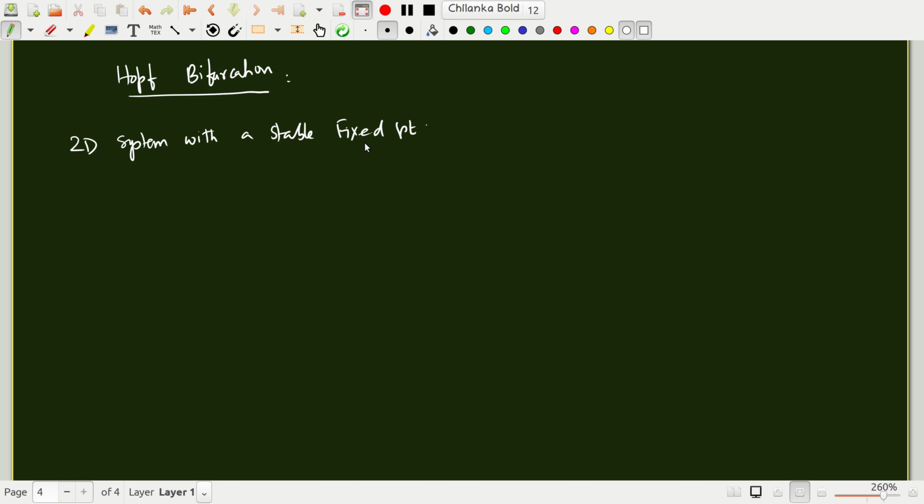Now we can ask the question, in what ways will the stable fixed point become unstable? How will it lose its stability? How will it become unstable as a parameter is varied? That's what bifurcation is all about.